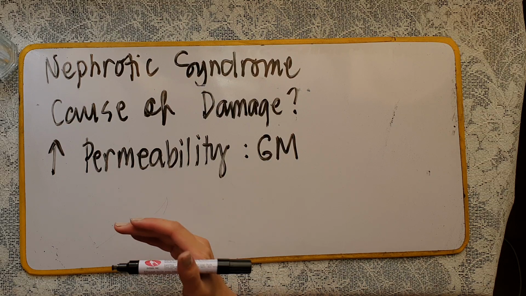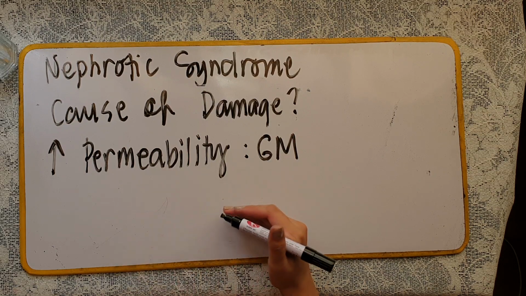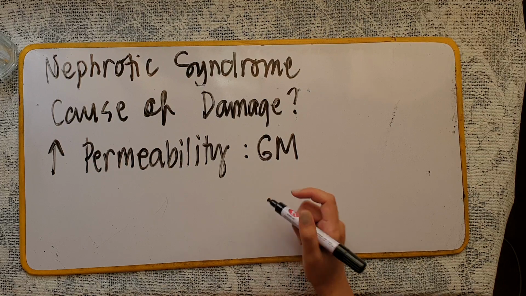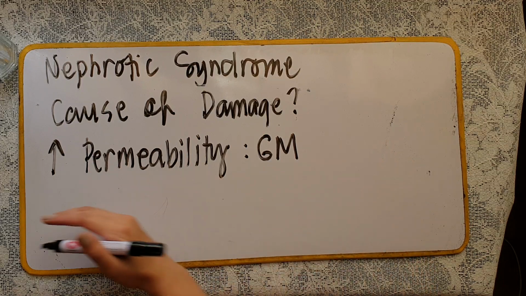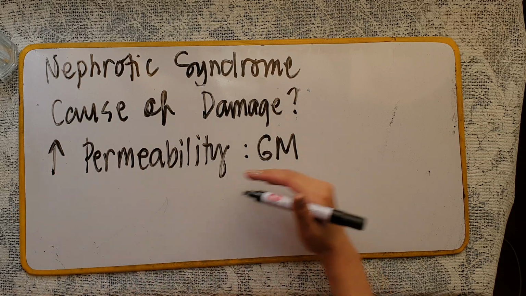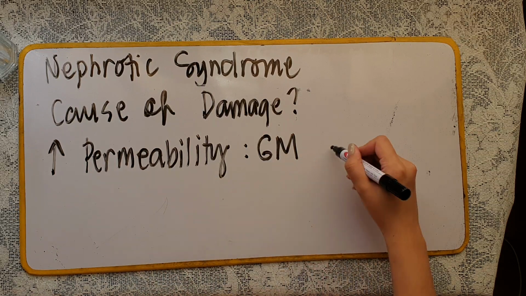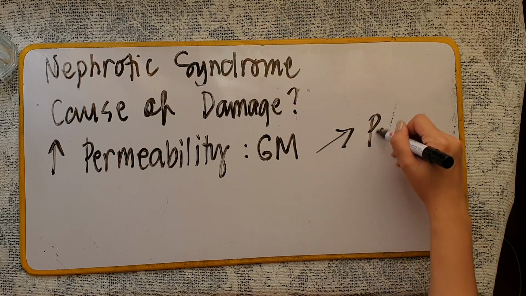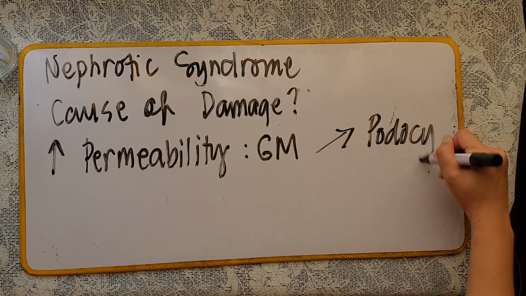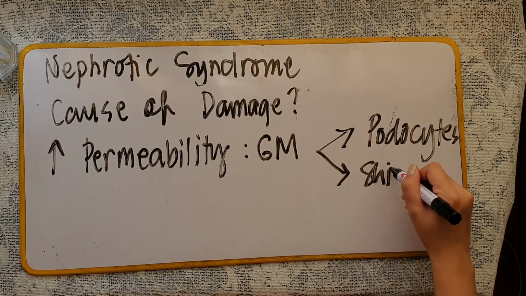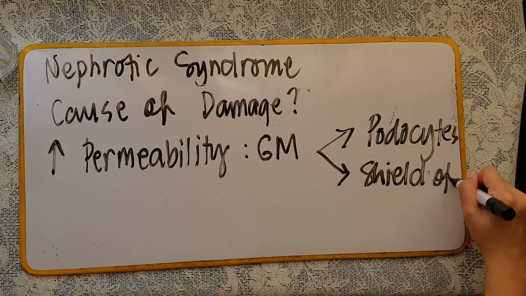Okay. The increased permeability of the glomerular membrane is attributed to the damage to the shield of negativity. Again, pag nagkaroon na ng increased permeability, yung glomerular basement membrane natin, ang result niya na madadamage would be the podocytes, and affected na rin yung shield of negativity natin ng glomerulus.